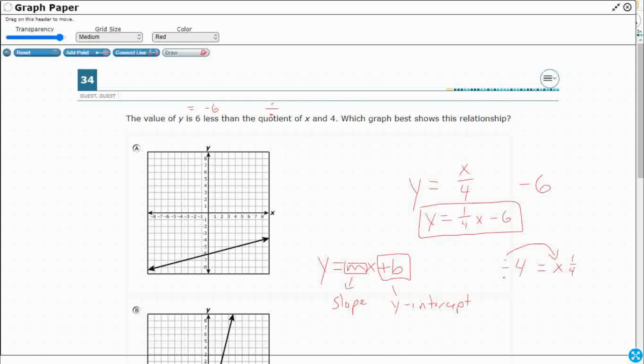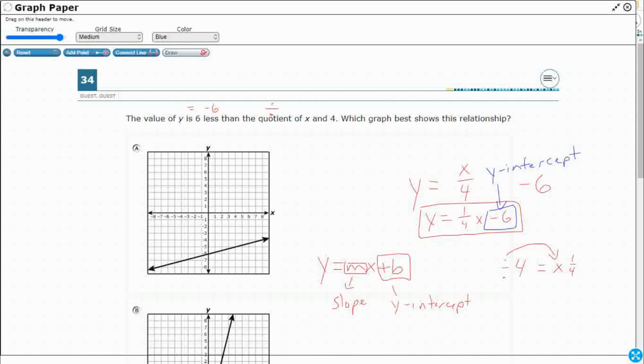All right, so probably the first thing we can do to knock out some of these answers is we can go ahead and look at our y-intercepts, right? So our y-intercept is right here, that minus 6. That means if x equals 0, where does the line cross the y-axis, right?